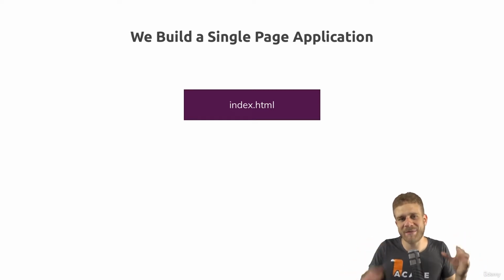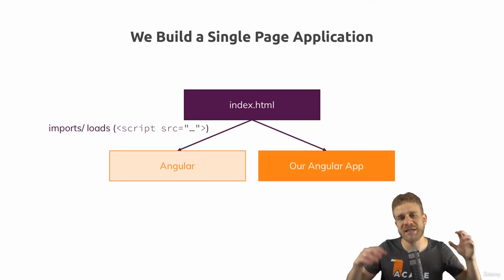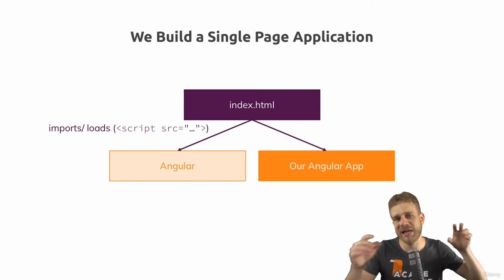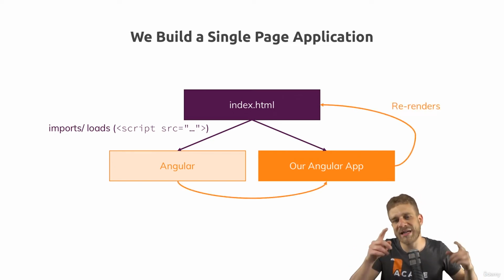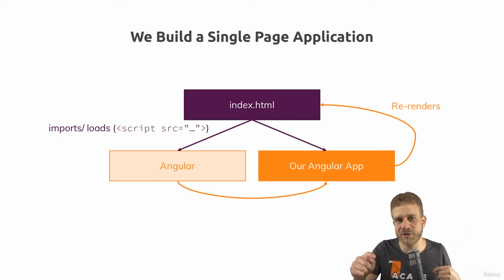And this HTML page basically includes some script imports that house our Angular app, so the Angular framework and our own code. And we use that application to dynamically re-render what the user sees without ever requesting a second page to be rendered by the server. Why?